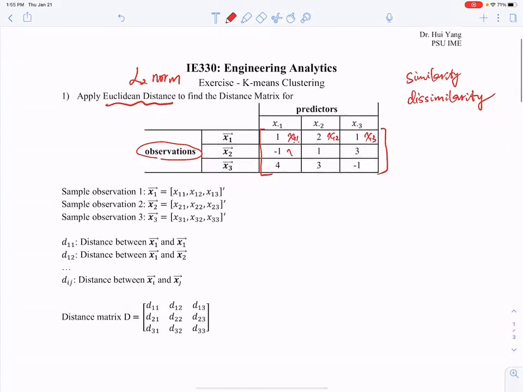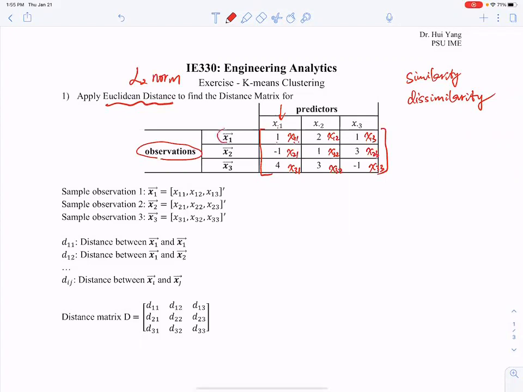So this will be the second observation, first predictor, and x22, x23, x31, x32, x33. Now, this is a predictor because I didn't specify which observation it belongs to, so I use a dot. But when it comes to a specific element, for example, it is actually x11.